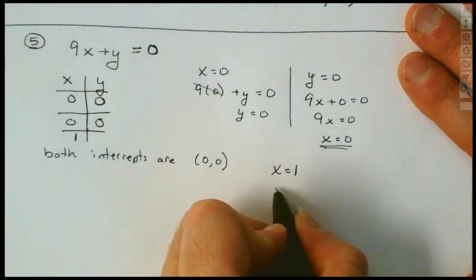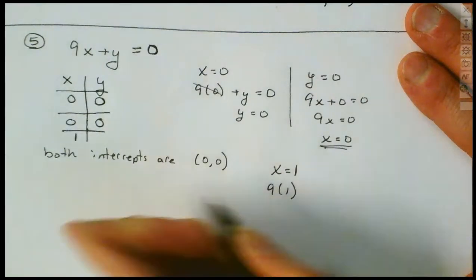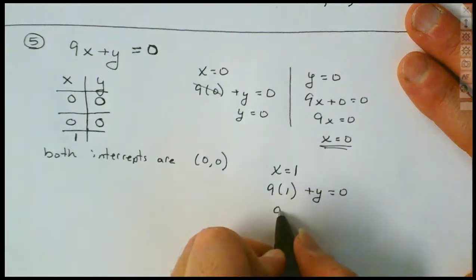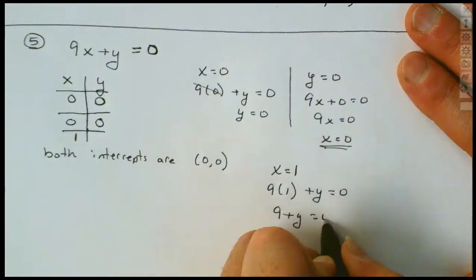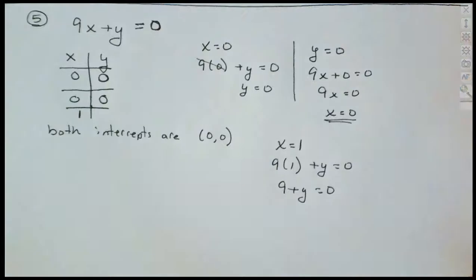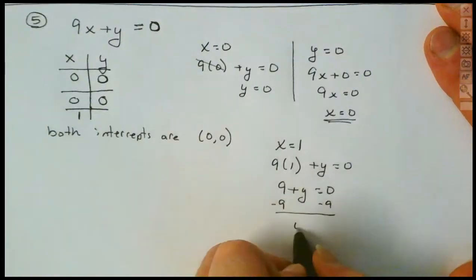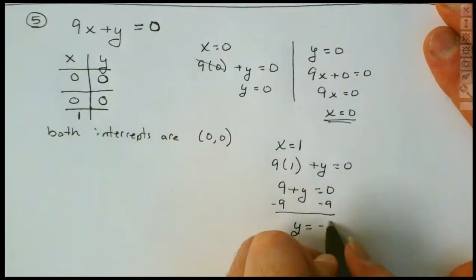So we're going to pick x equals 1. And that gives you 9 times 1 plus y equals 0. So that's 9 plus y equals 0. Okay. And we'll move the 9 over. And what do we now get? We get y equals negative 9.